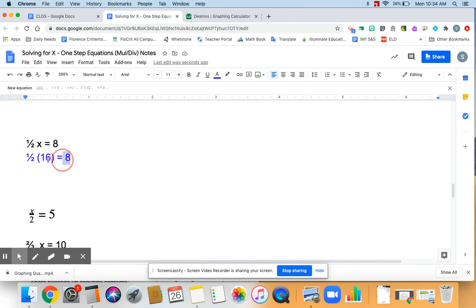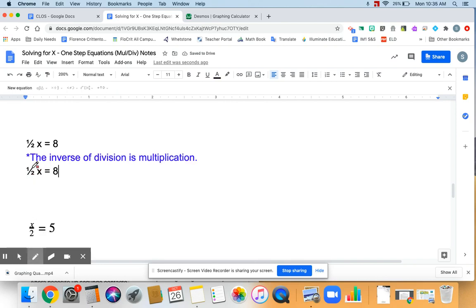But if I didn't know that, and I had to do the math, here's how you do the math. Whenever you have a fraction, to undo the fact that you're dividing by something, what's the inverse of dividing? The inverse of division is multiplication.